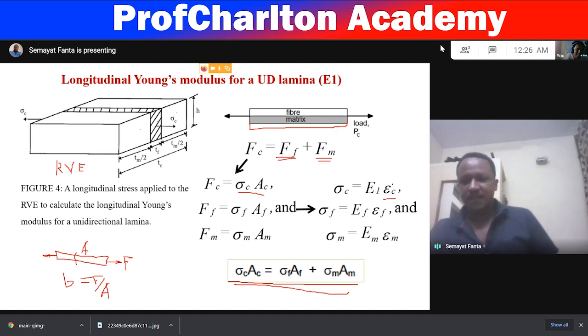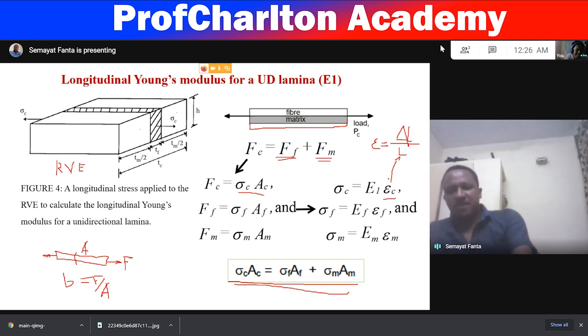Strain is equal to change in length over the original length, as we know. That's a simple definition from strength of materials or statics or other courses.